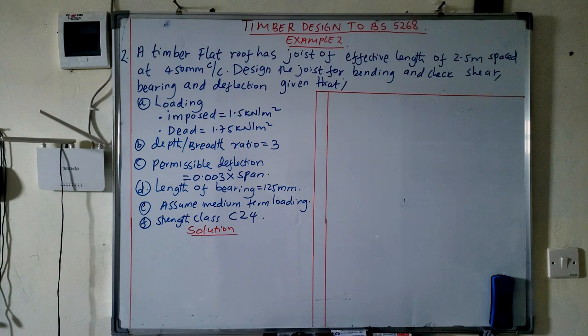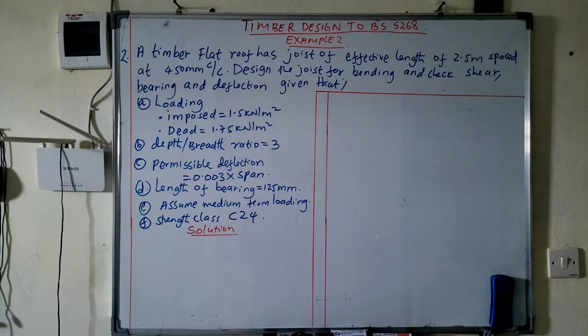Today, I want to solve problem number 2 under timber design to BS 5268. So the question reads, a timber flat roof has a joist of effective length 2.5 meters spaced at 450 millimeter center to center.